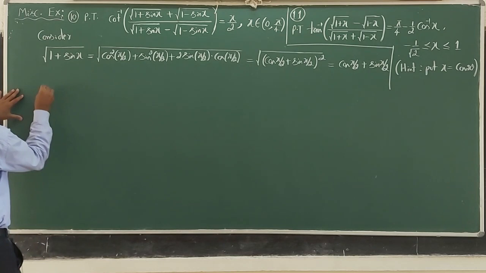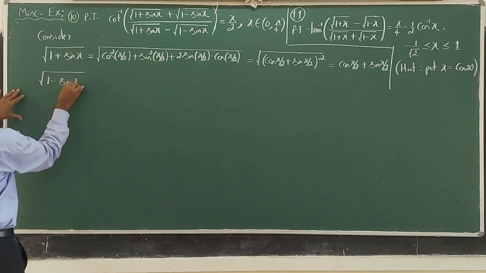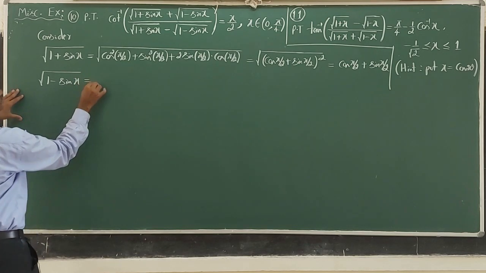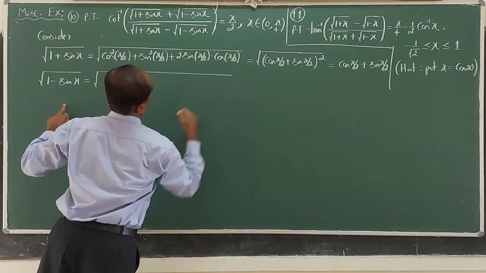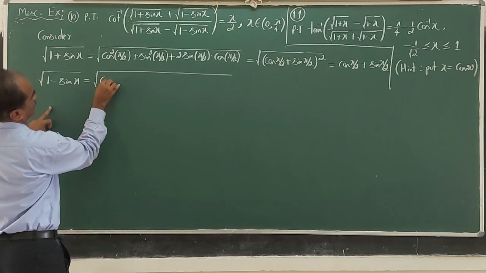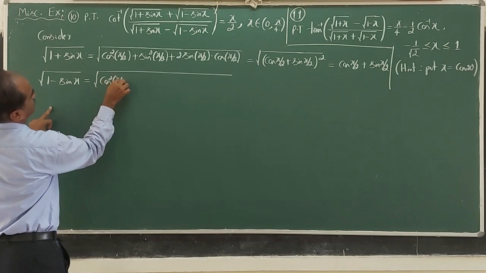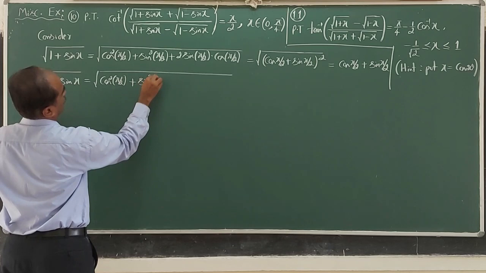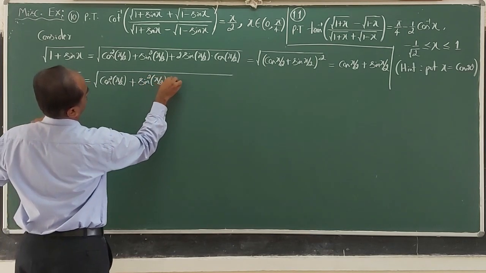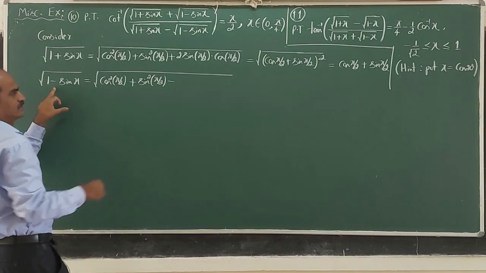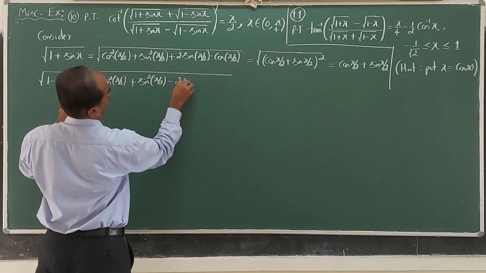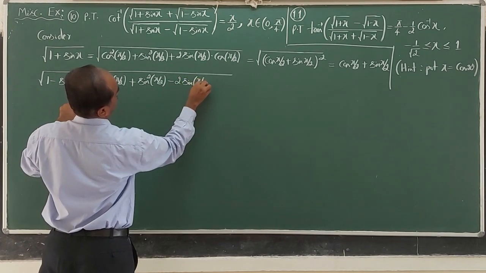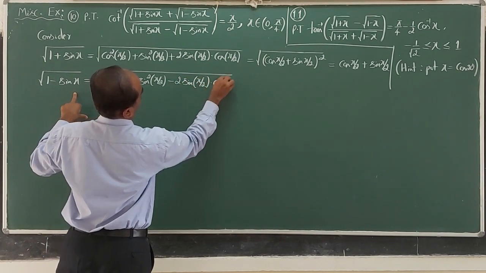Similarly, square root of 1 minus sin x. Cos square x by 2 plus sin square x by 2, 1 is written like this, followed by minus, again sin x is written as 2 sin x by 2 into cos x by 2.